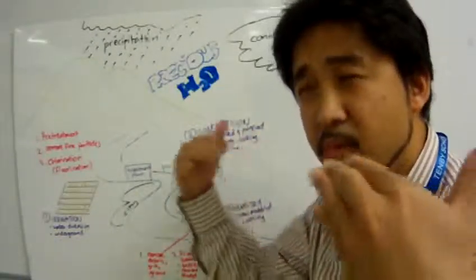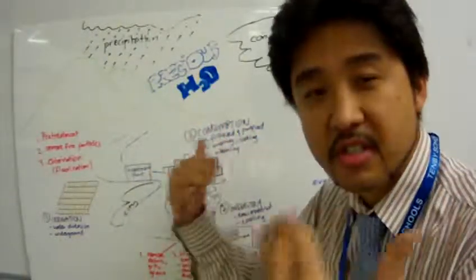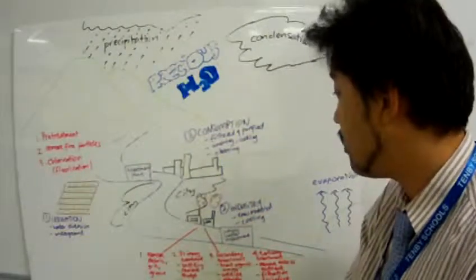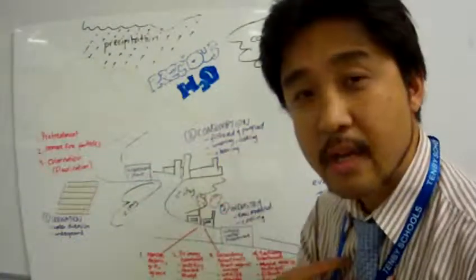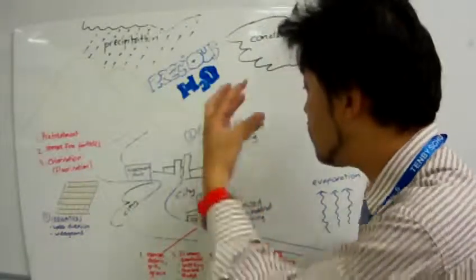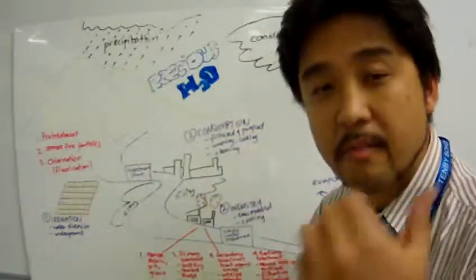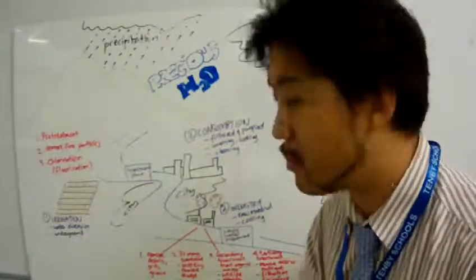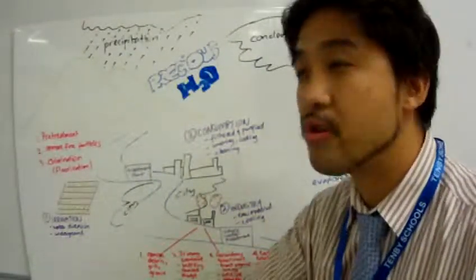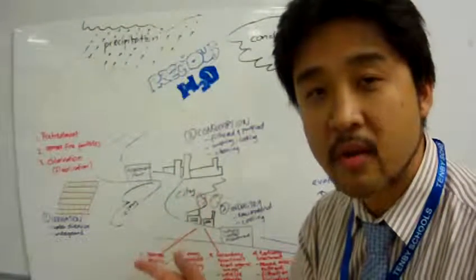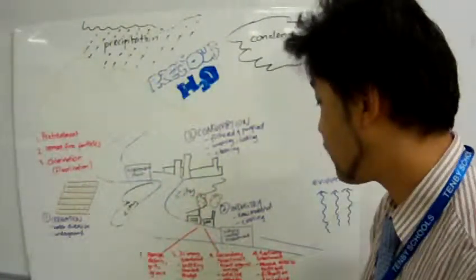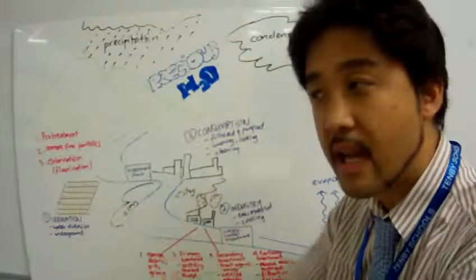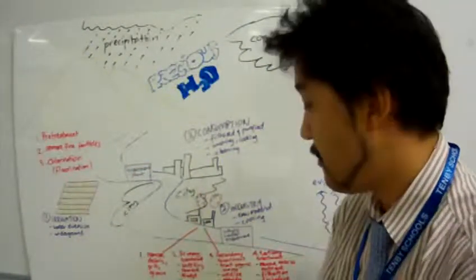We need to cool down the factory system so that factories don't get overheated. All right? And we, as consumers, personally consume water because those waters are filtered and purified. We use it for a whole slew of household things, from cooking to washing and cleaning. And then when all this water gets collected, it is known as wastewater.